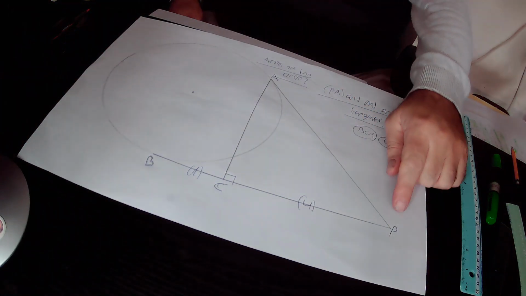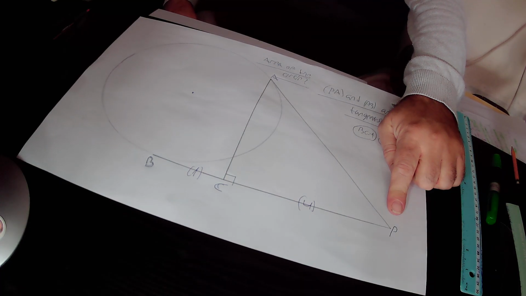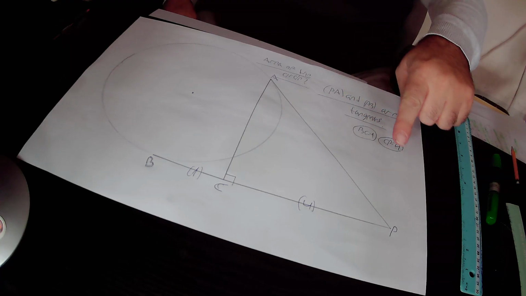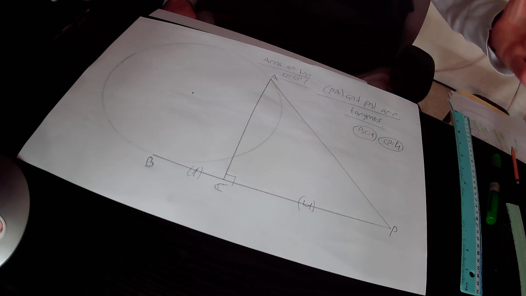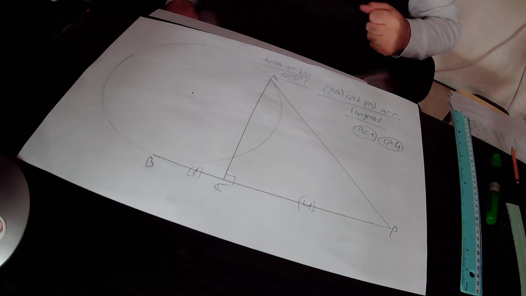Well, in our drawing, this is the exterior point P. From this exterior point P, we have 2 tangents to this circle, that is to say, tangent PA and tangent PB. And according to rule 2, they are equal to each other in their lengths. That is to say, PA equals PB. So I write it down.